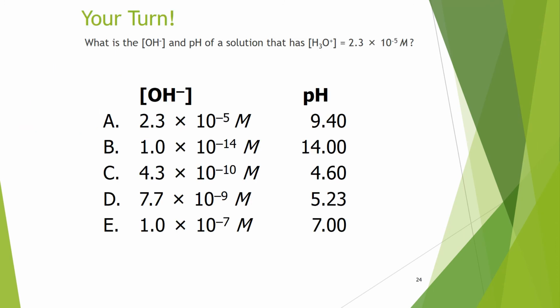Okay, try it again. Try it on your own. What is the hydroxide concentration with the acid concentration 2.3 times 10 to the minus fifth?